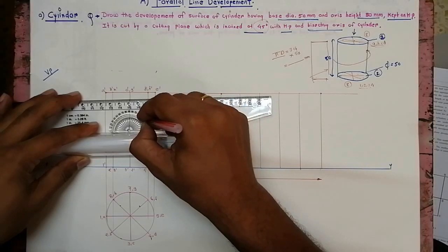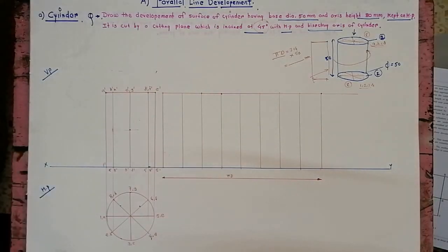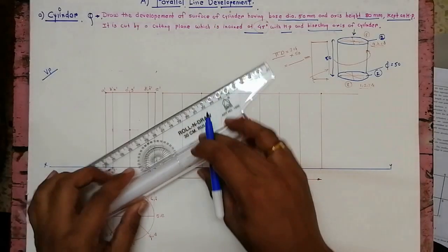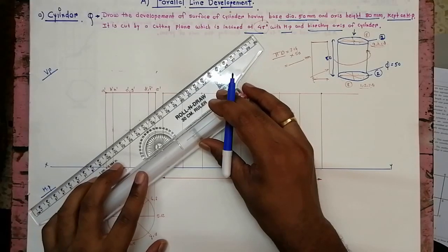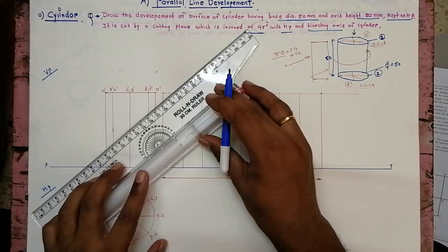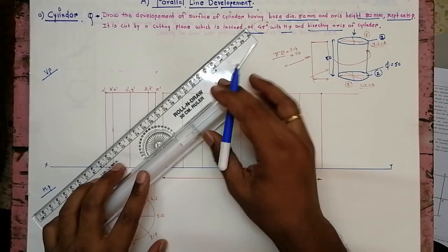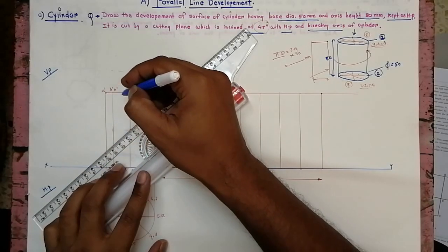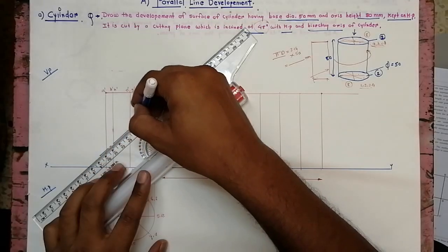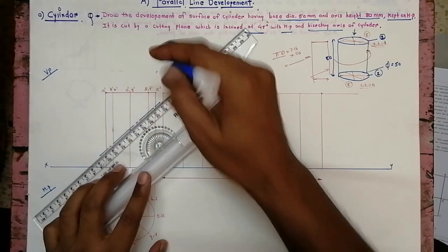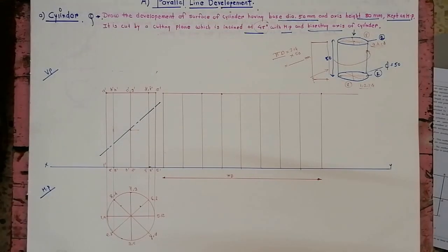So the 45-degree angle comes here, and then draw the 45-degree cutting plane. It comes something like this. So the cutting plane is something like this.